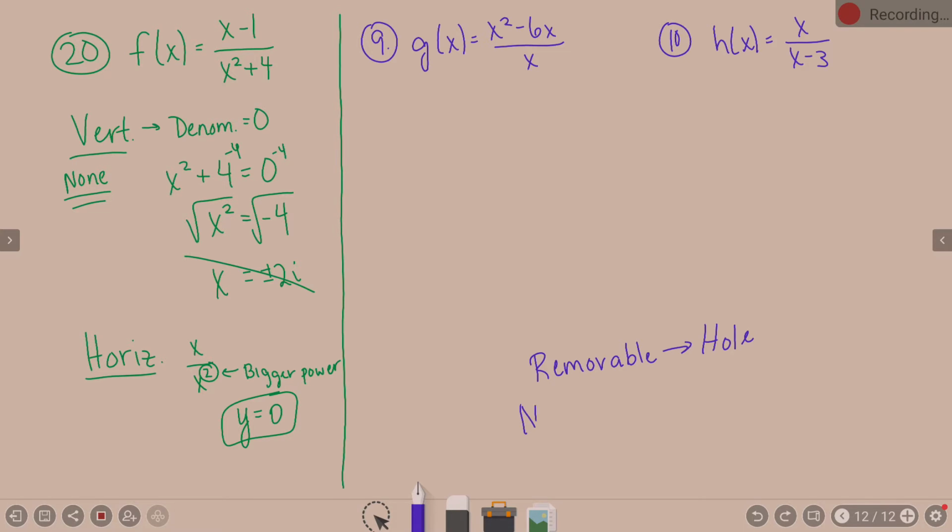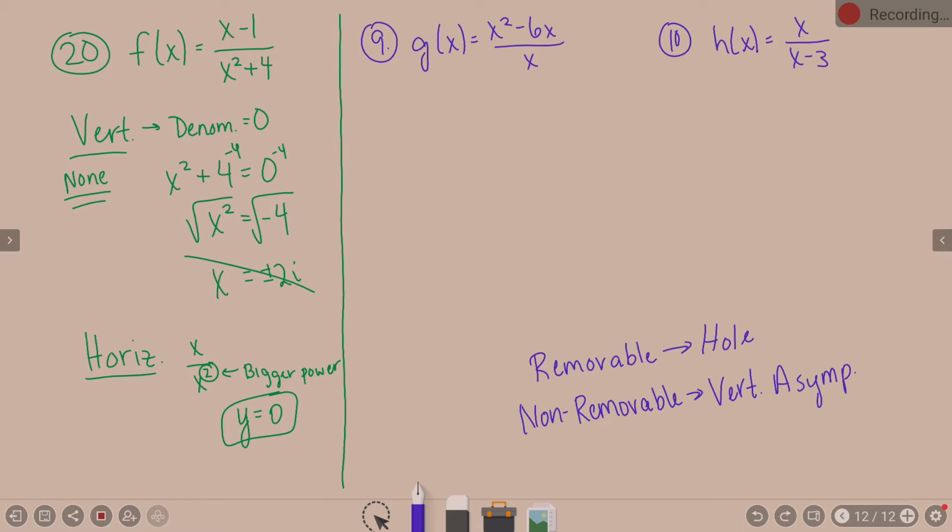Whereas what's non-removable mean? Non-removable means there is a vertical asymptote, right? So that's a memorization thing right there. Okay, you've just got to flat out know those.